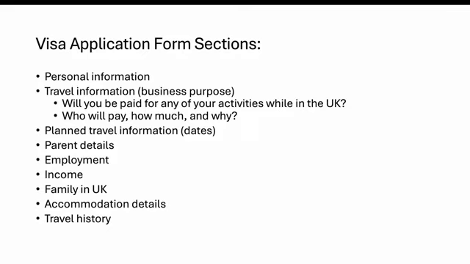So even if you are paid by your university or professor, still try to fill in all the incomes you have, and be honest in these sections. The next section is family in the UK. You declare if you have any family members in the UK. Then it asks for accommodation details: where are you planning to stay in the UK? Even if you have not booked yet, it's okay.